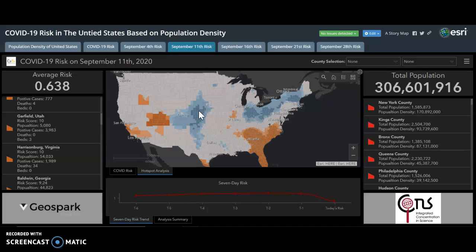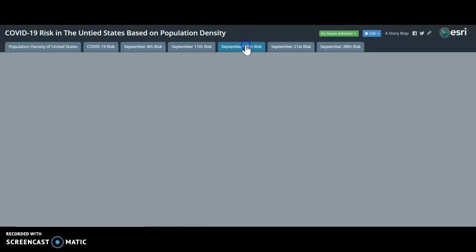Additionally, a new hotspot has appeared in the area of western Colorado and into Nevada, right around Las Vegas. The hotspot around San Francisco and LA has also decreased a lot, so that's good news as well. Now we can go over to September 16th.